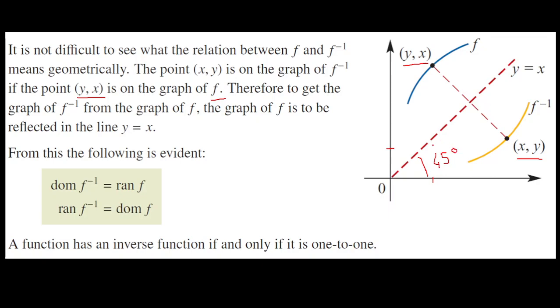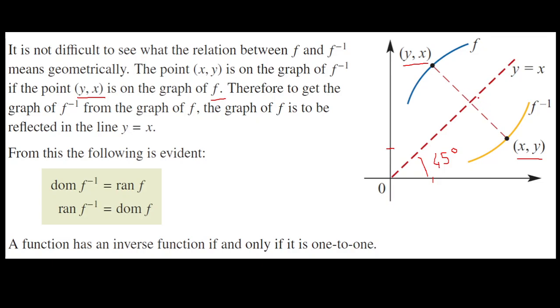But basically any point on that line will have the same x and y coordinates, so that should be really quick to draw. You should extend it to the negative part as well, just a good habit for a line. And what you do is you do a reflection from that line.